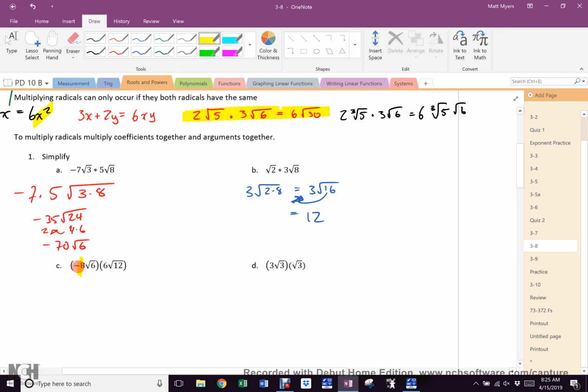What do I do with the coefficients? Multiply them. -8 times 6. Root. What do I do with the radicands? 6 times 12.